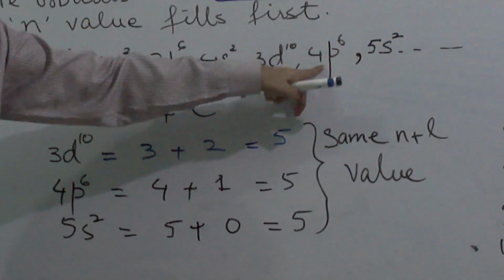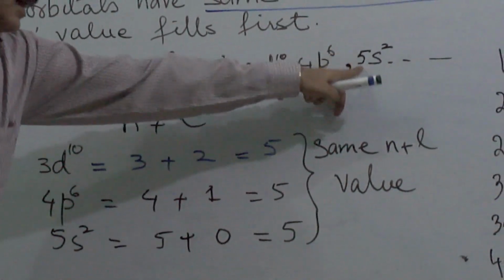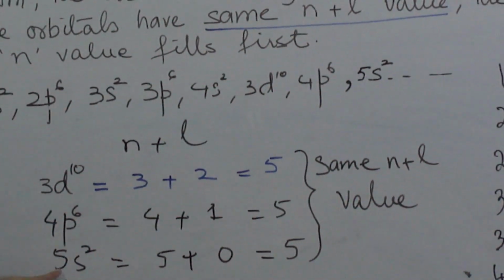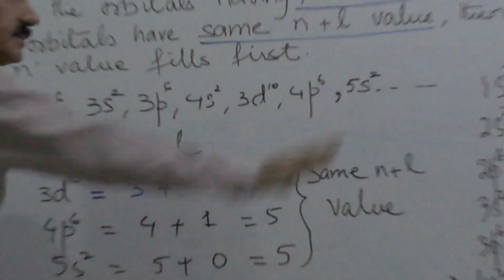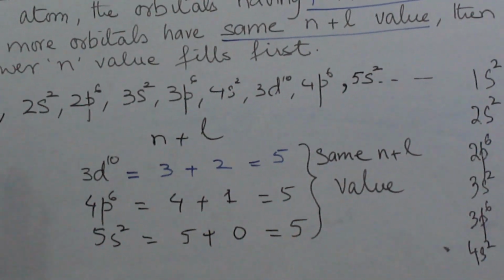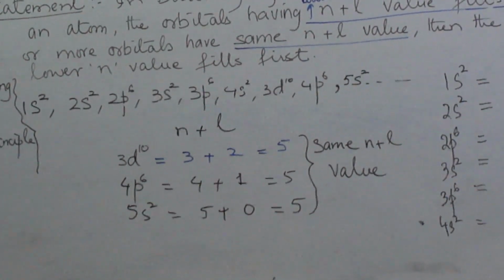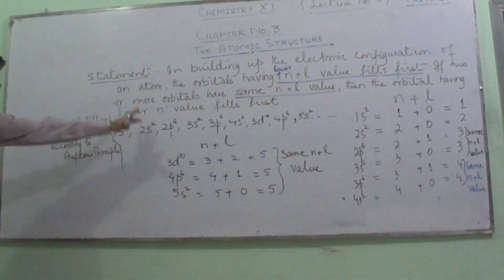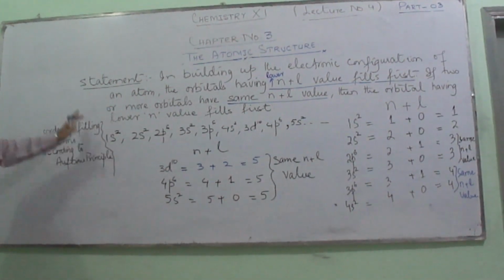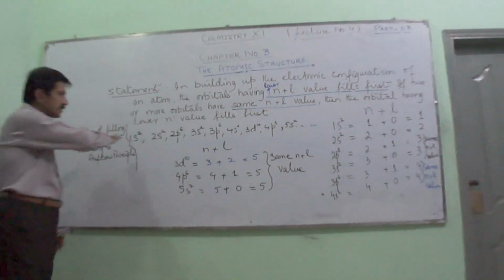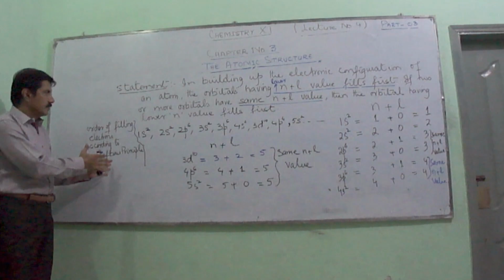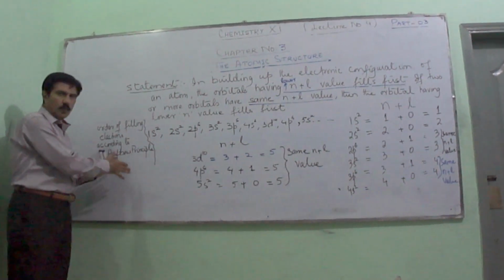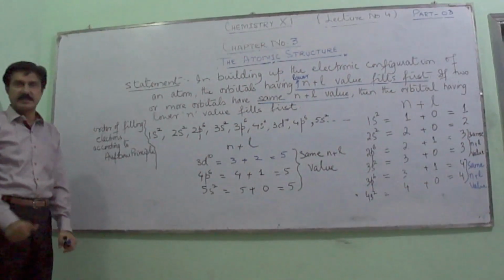So 6 electrons go to 4p orbital, and the highest value of 5s makes it after 3d and 4p. It will be allowed to get 2 electrons. So this is the sequence of filling the electrons in the respective orbitals according to n plus L rule, and this whole covers the Aufbau principle as well. This is the first rule which we have discussed in today's lecture.